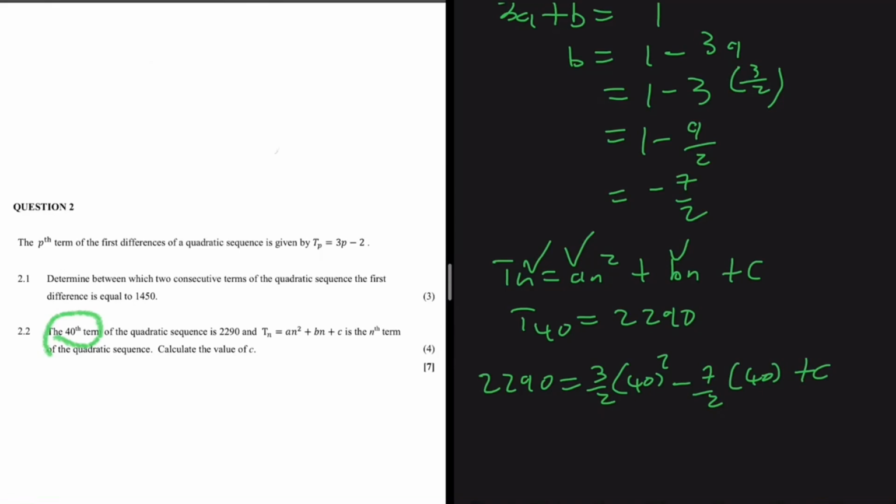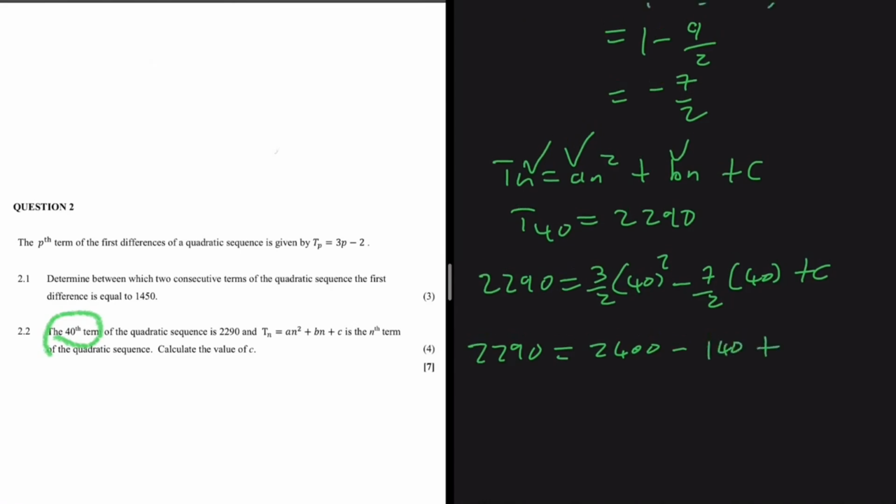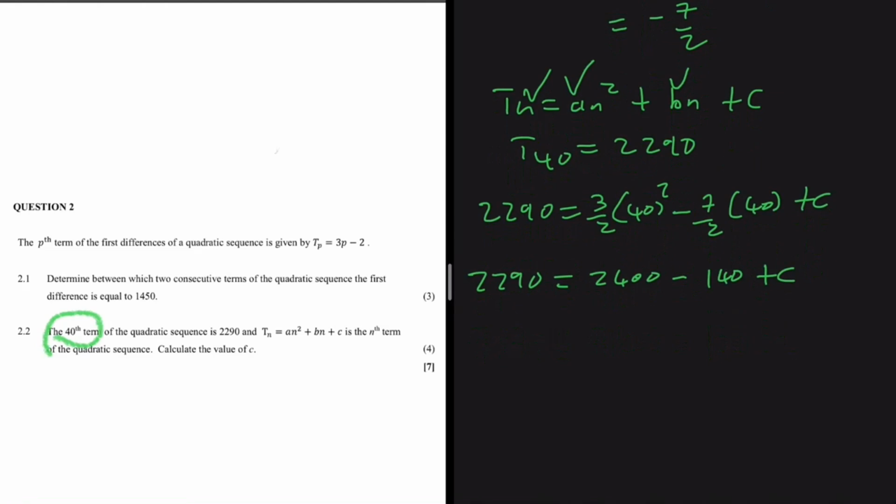So now we can essentially find c. So we're going to have 2290 being equal to 2400 minus 140 plus c. So if you do that arithmetic, you're going to get c is equal to 30.